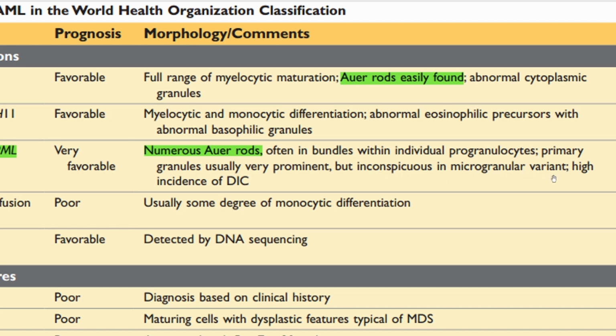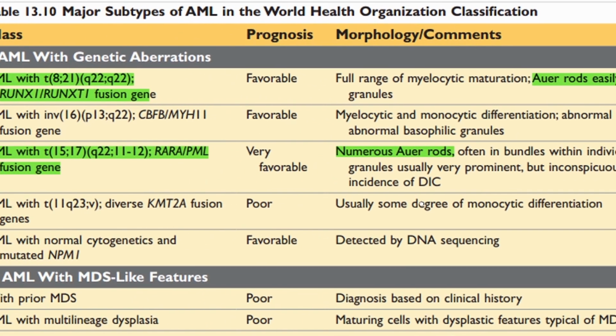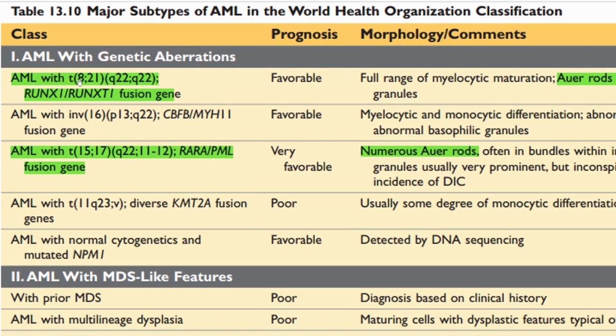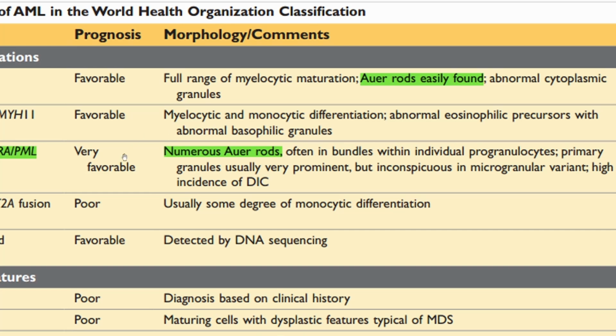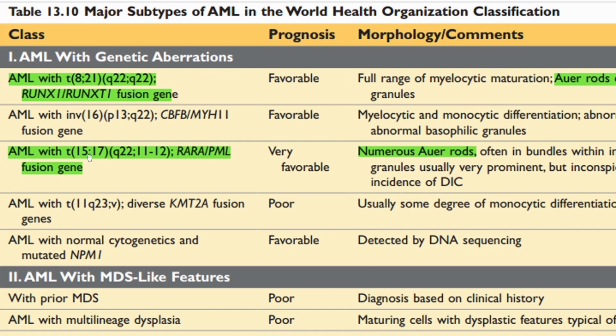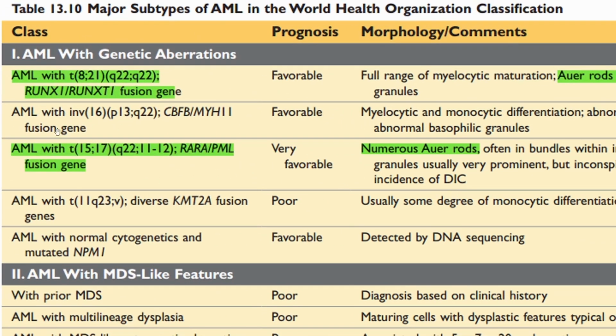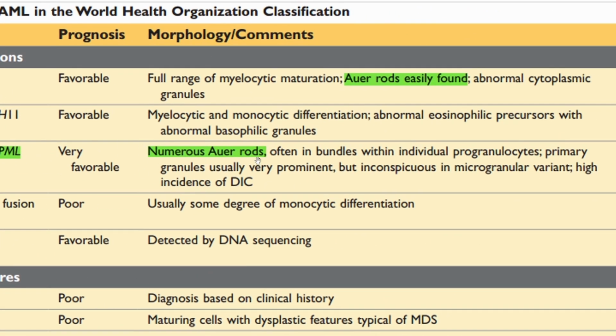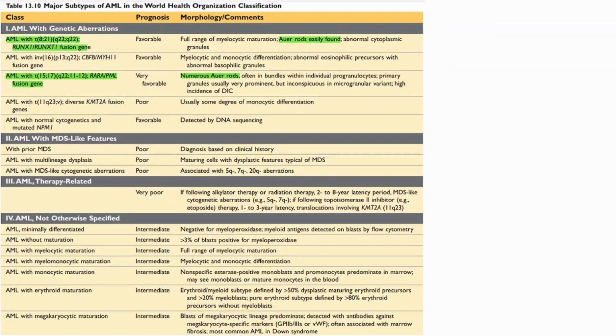In the microgranular variant, there is a high incidence of DIC. Here you can also see, but not as much as here, AML with t(15;17). So this is very specific. They have mentioned that at this translocation there will be numerous Auer rods. This is the WHO classification.